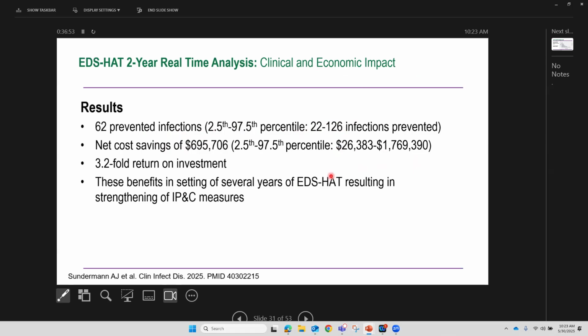And importantly, if you're going to be talking to hospital administration, you get a 3.2-fold return on investment. And this impact was shown after several years of EDSAT running at our hospital. So we'd already reinforced a lot of our infection prevention methods. So we think this is a conservative estimate if we were starting out anew.